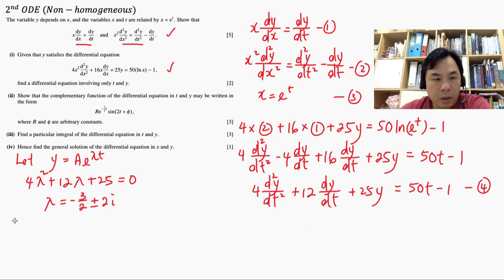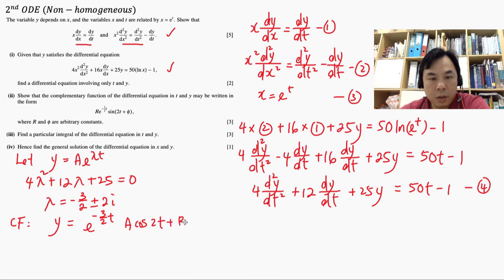Therefore, the complementary function for this homogeneous equation, since these are complex solutions, would look something like this: y equals exponential of negative 3 over 2 t, times a cosine 2t plus b sine 2t.